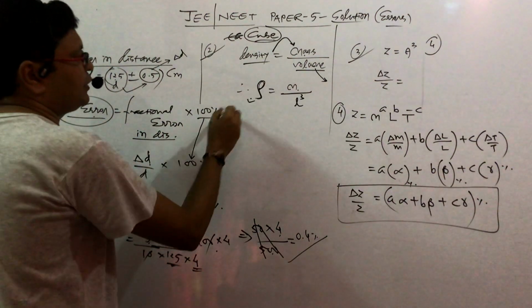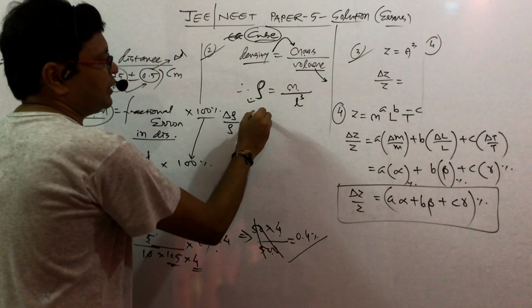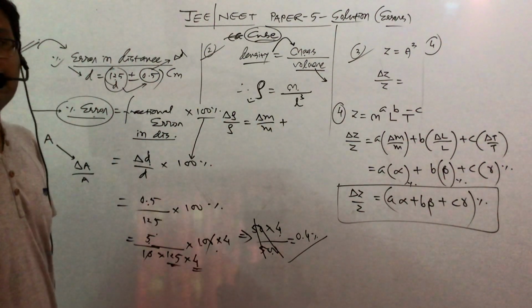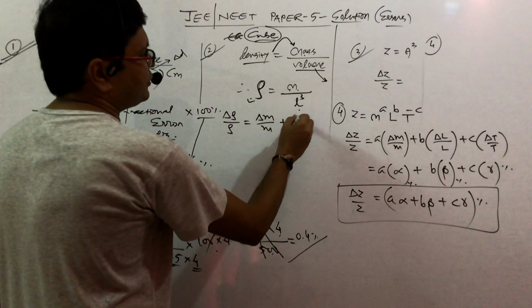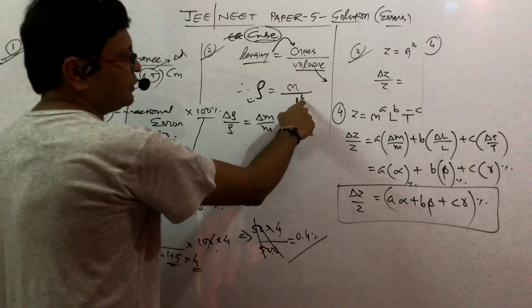So you know that very well, friends, it is delta rho by rho equals delta m by m, error only one sign, positive, plus L cube, that means 3 delta L by L, you know that very well, power 3.